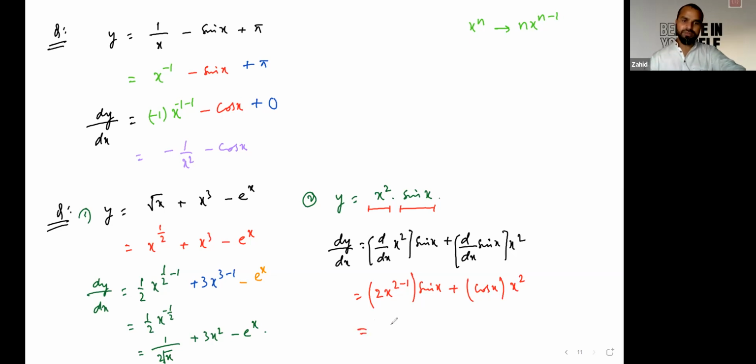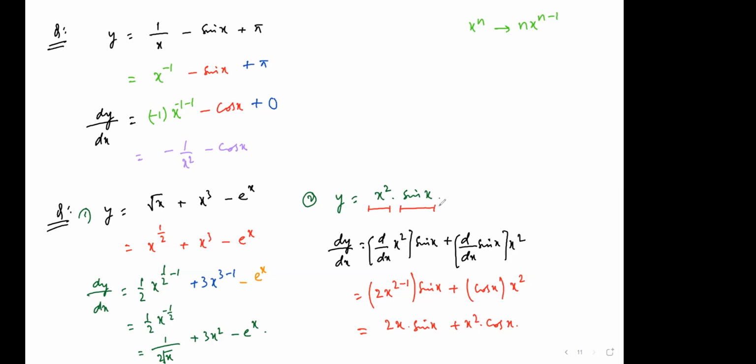Just simplify this, so it will become 2 times x times sine x plus x squared times cos x. So this will be your final result. Is it clear to everyone? Yes, sir. Okay, just write it down.